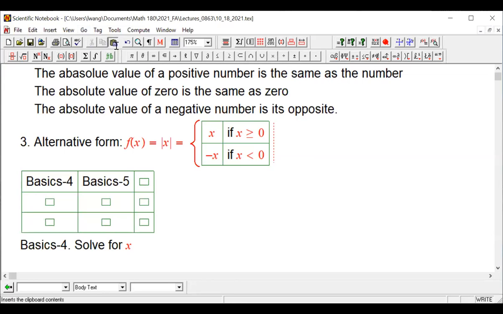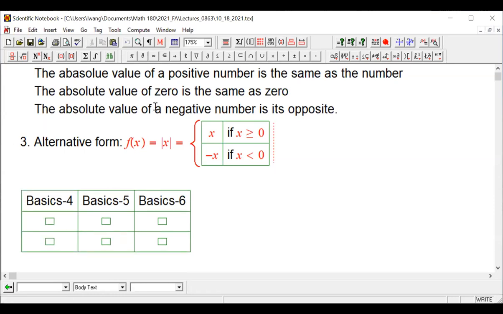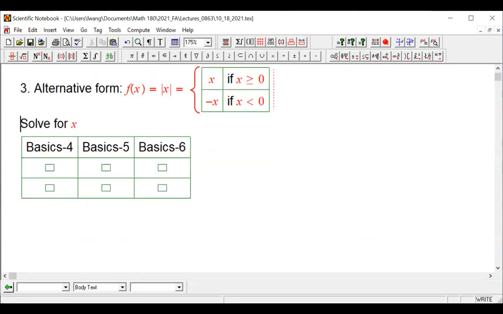I want you to look at the notes, which should be page number 6. They're all under the same title: solving for X.